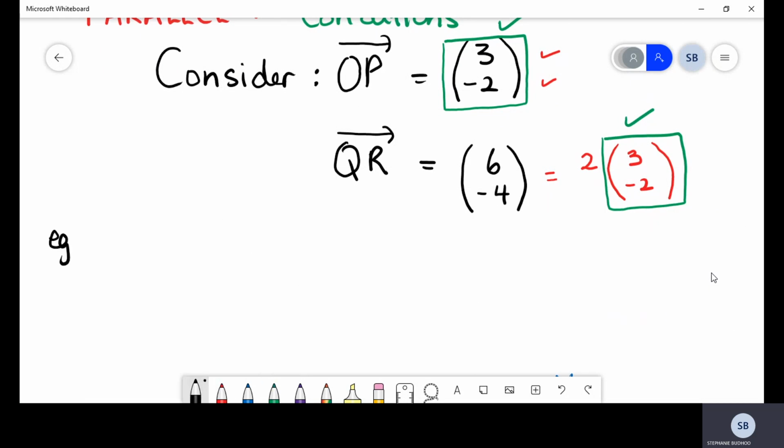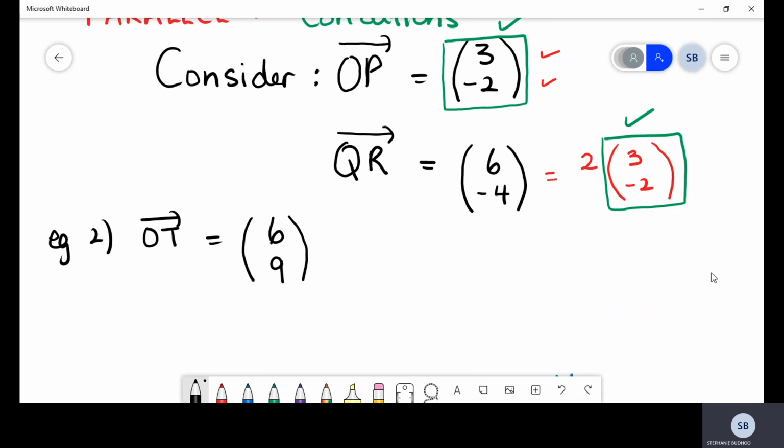Okay, so example 2. Let's just say we had a vector OT, and that was equal to, let's just say, 6 and 9.